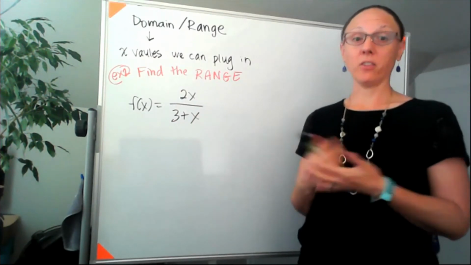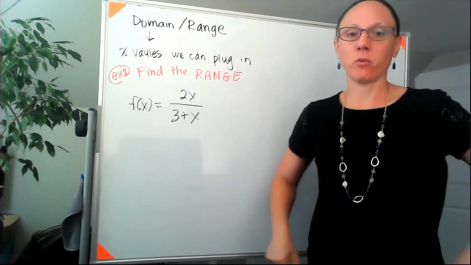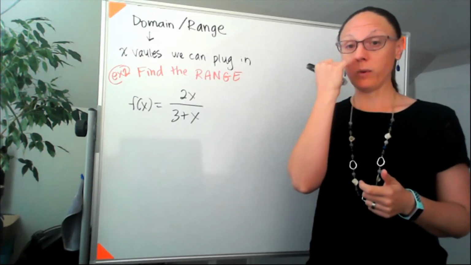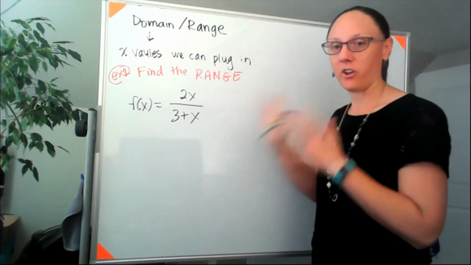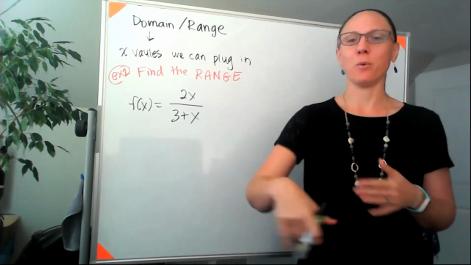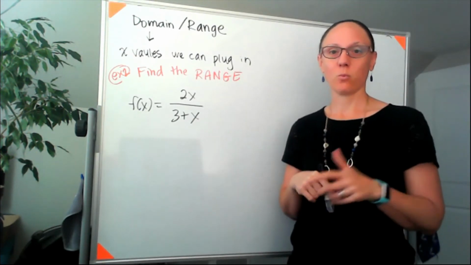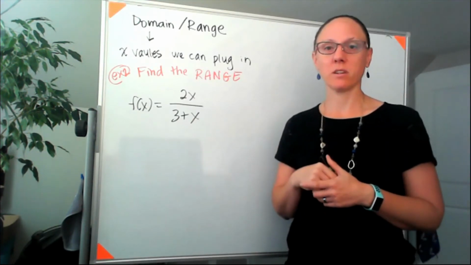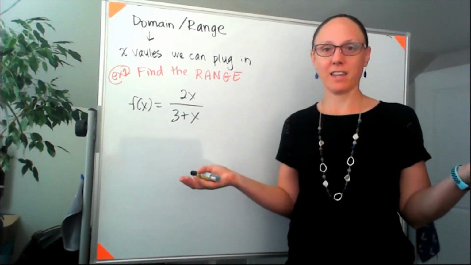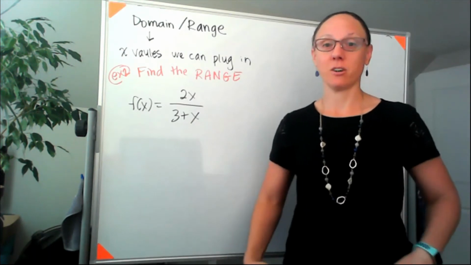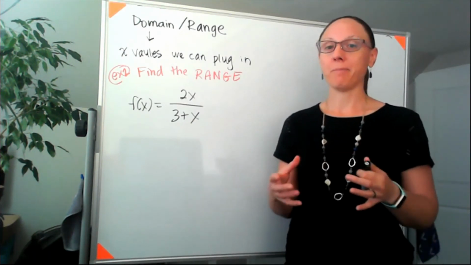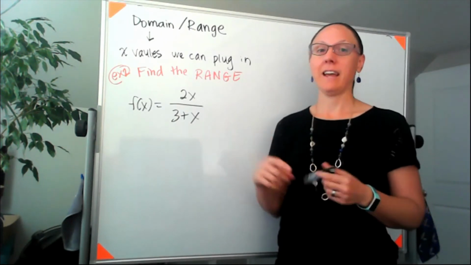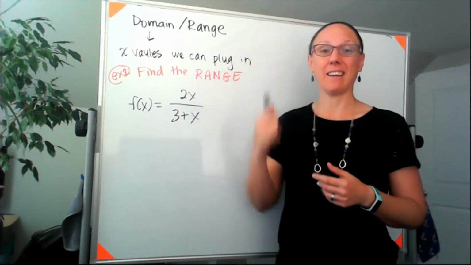If I'm going to find the range, the first option is to graph it. We will get to a point where you're going to be able to look at that and say, yes, I know what that graph looks like. Right now, you might think to yourself, yes, I can plug that into Desmos and see what that graph looks like. That's totally an option in terms of finding the range. But I want to instead find the range by first finding the inverse.